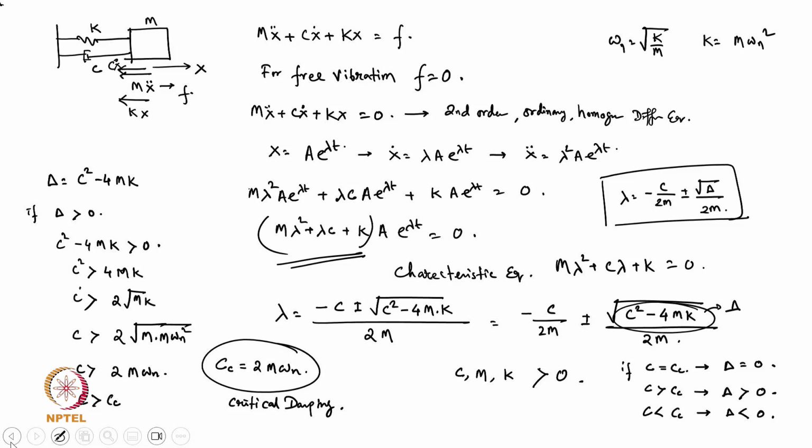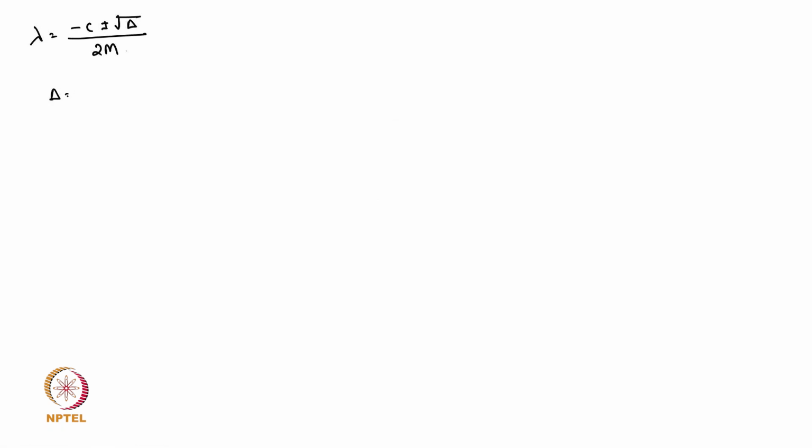That is my lambda, and delta is C square minus 4km. Or I can say C square minus Cc square, and Cc equals 2m omega n. Okay, these are the four things we got.